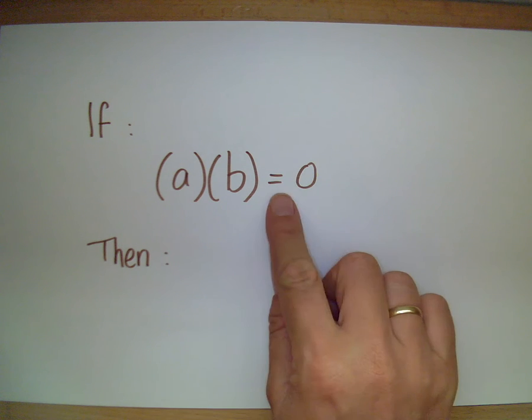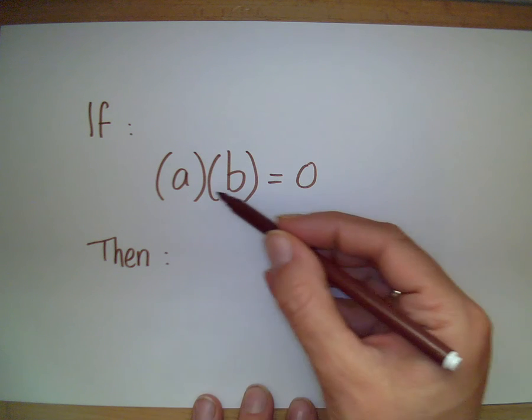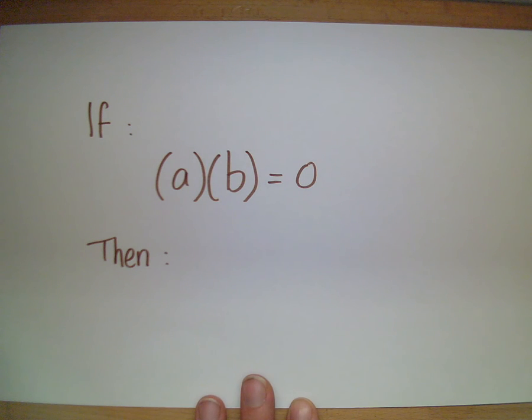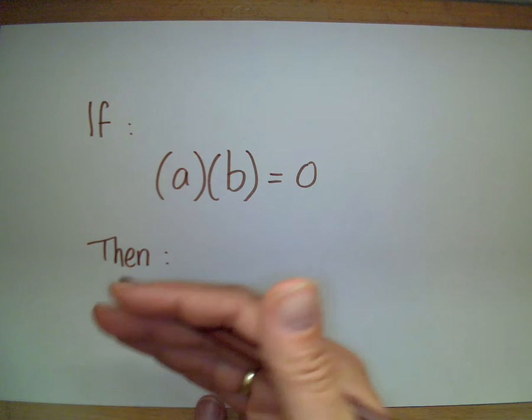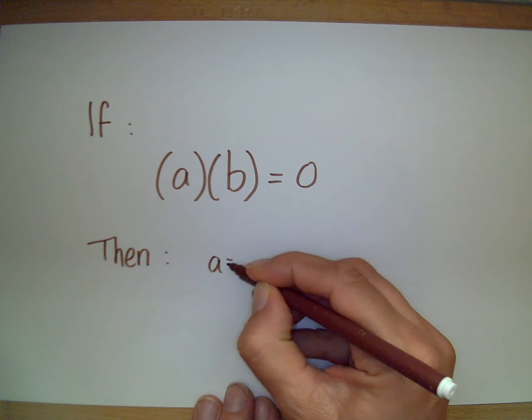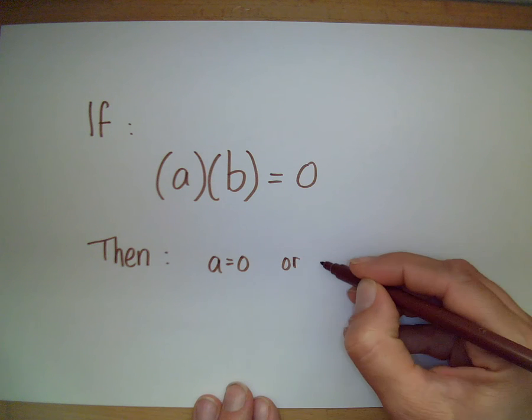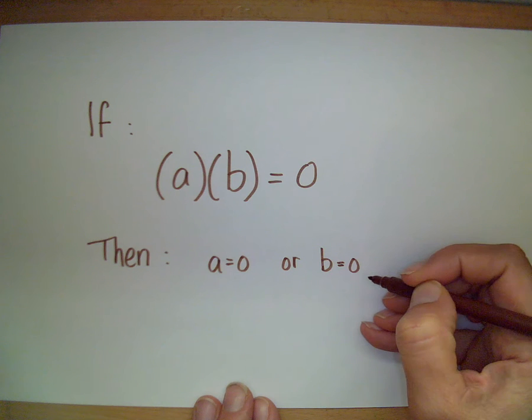How are we going to get a product of 0? We can only get that if one of the factors is 0, right? When we multiply things, the answer is 0 if one of those two things is 0. So either A is equal to 0 or B is equal to 0. Yeah?